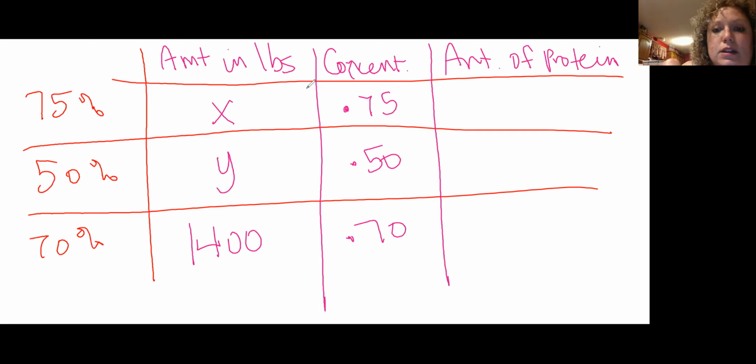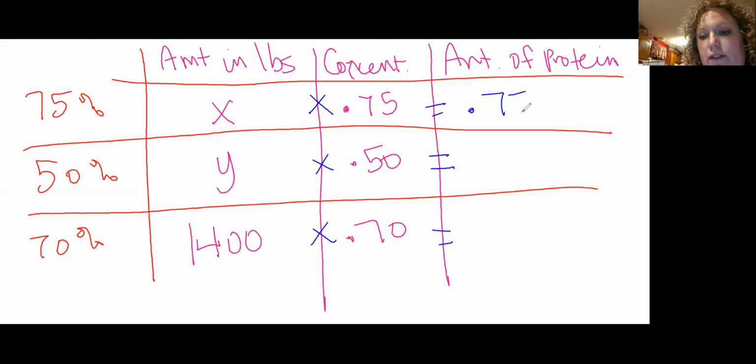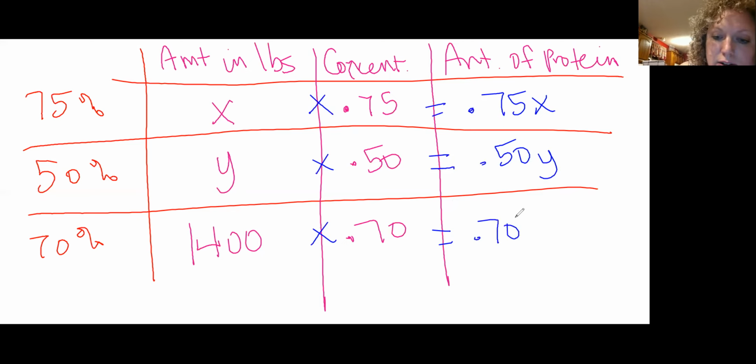So it's going to be column 1 times column 2 is equal to column 3. So 0.75x, 0.50y, and this one is 0.70 times 1,400.